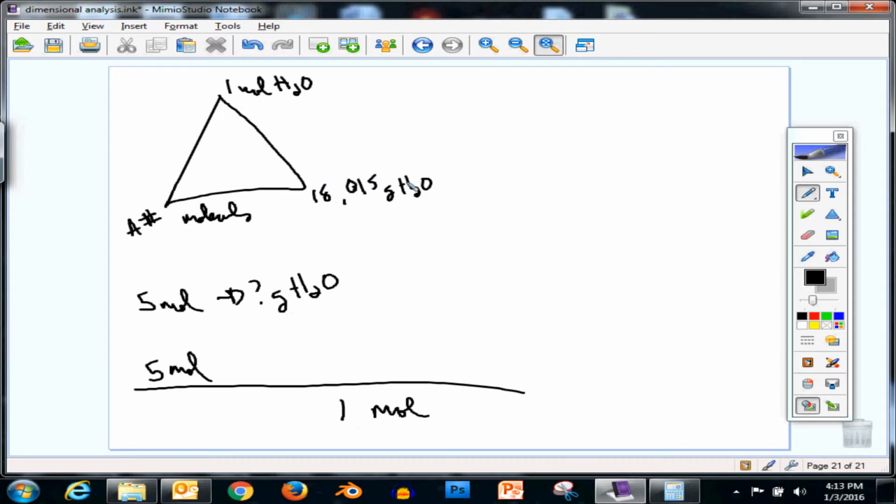We start with what we're given, which is 5 moles. What goes on the bottom? Moles, because that's what I started with. Where is moles on my triangle? It's up here. What am I going to? Grams. Where is that? It's over here. So I'm going to write 18.015 grams H2O. How does this work?